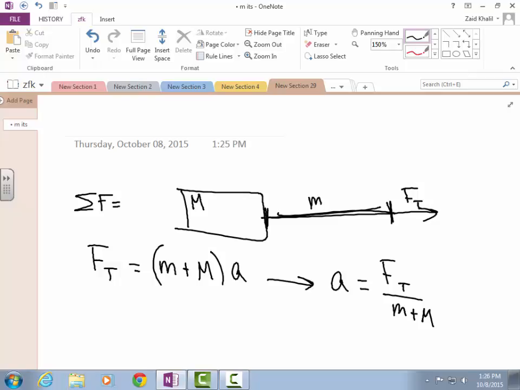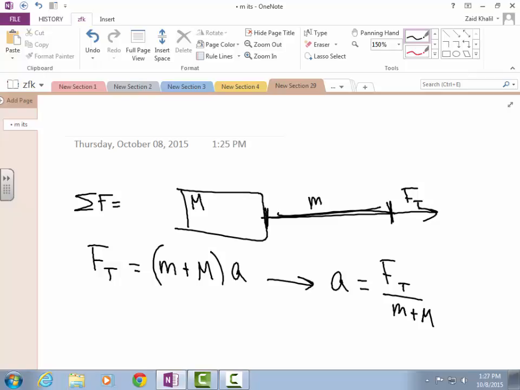What are the forces acting on this big box? Anyone? Gravity and normal force, but whatever, we're doing this in deep space. This is an experiment we're doing in deep space. So what type of force is that going to be?